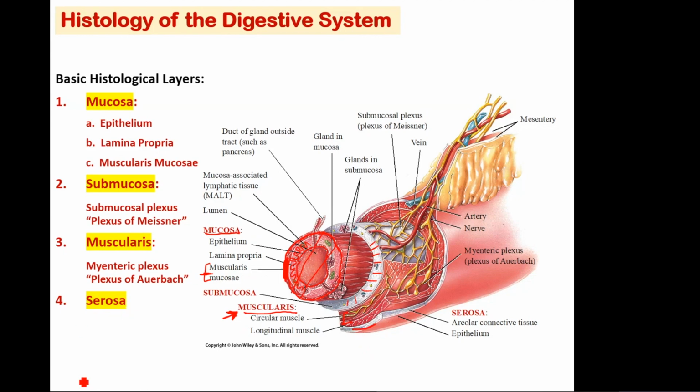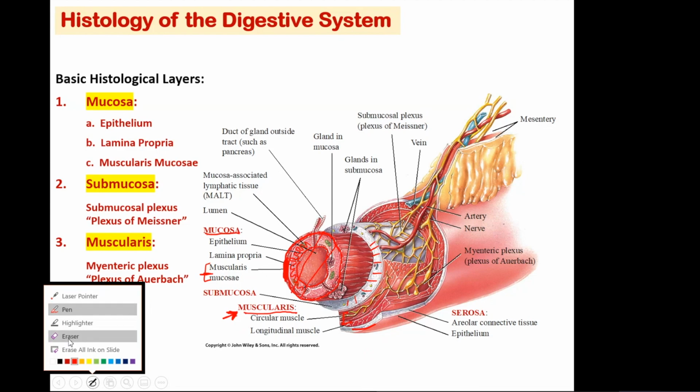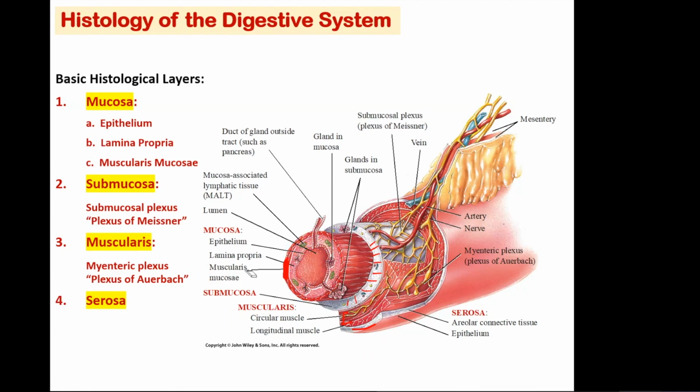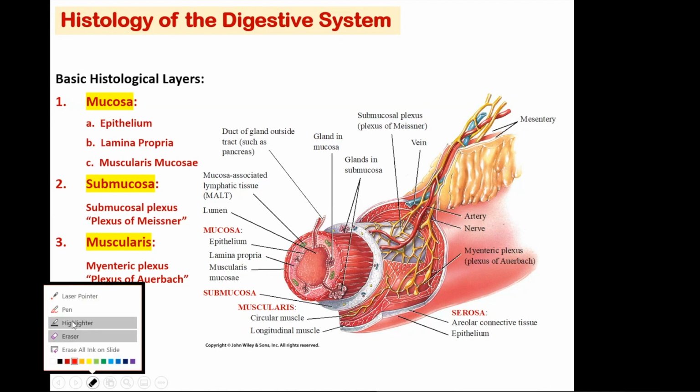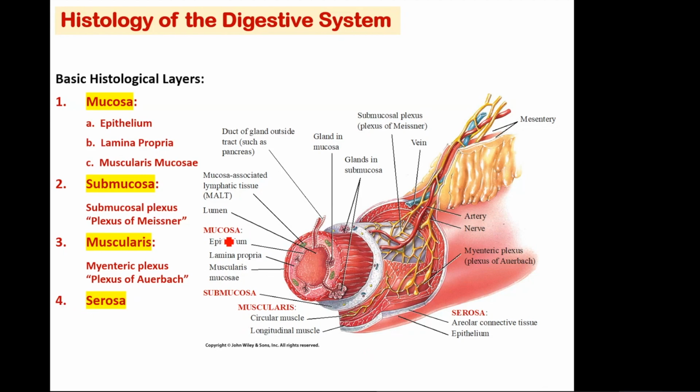Back again, let me show you again. As I mentioned, the mucosa is composed of the epithelium, and we'll talk about it, supported by lamina propria. This lamina propria is a connective tissue. When you say lamina propria, you have to remember that this layer has vessels, nerves, and lymphatics.